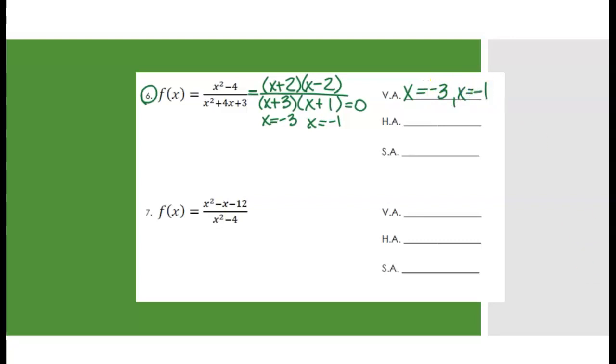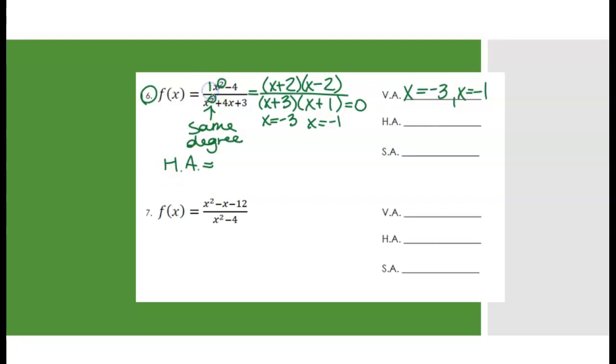There is a horizontal asymptote because the degrees in the numerator and denominator are what? They're equal. They are both 2. Right? So same degree means that for my horizontal asymptote, I need to look at the what? Coefficients, right?